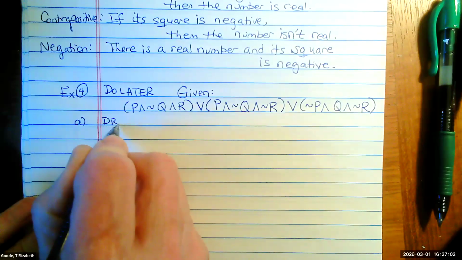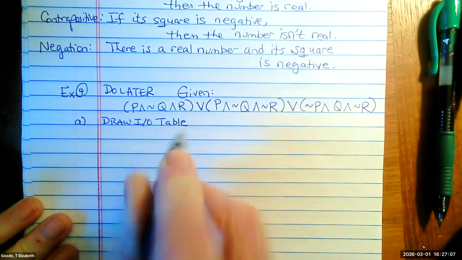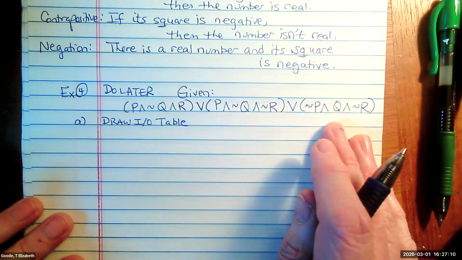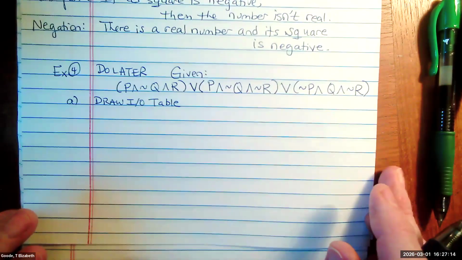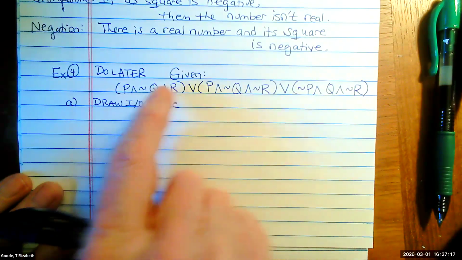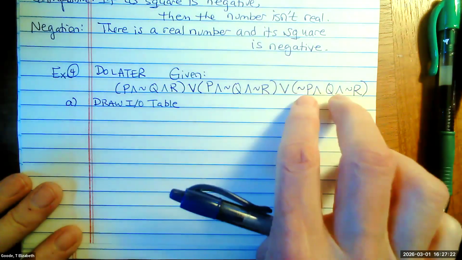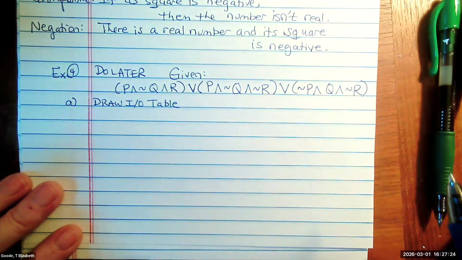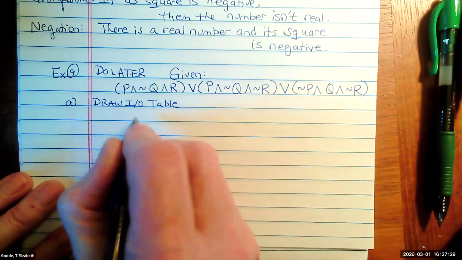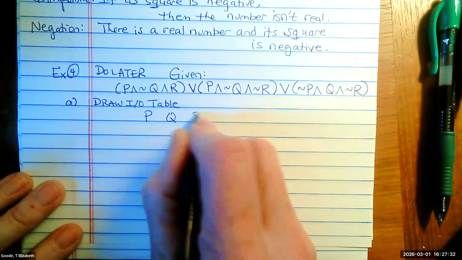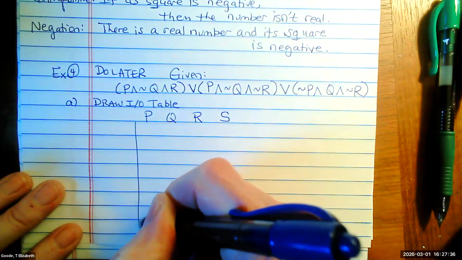Let's draw the I/O table. Because it's in disjunctive normal form, it's extremely easy to find the I/O table directly from the expression, because each one of these Boolean expressions inside the parentheses tells us what the input row is. Let's put P, Q, R, and of course our output is usually S. It doesn't have to be, but it is generally.